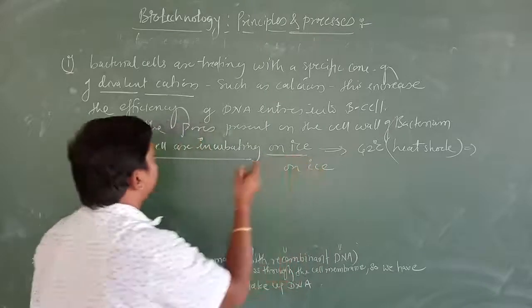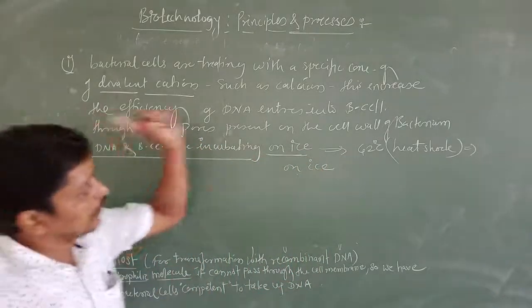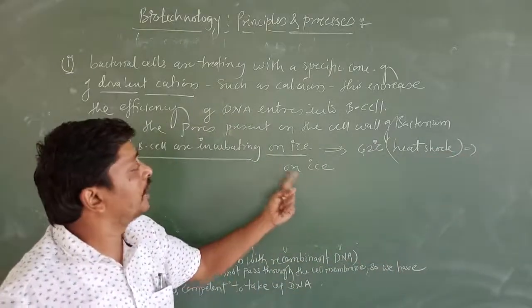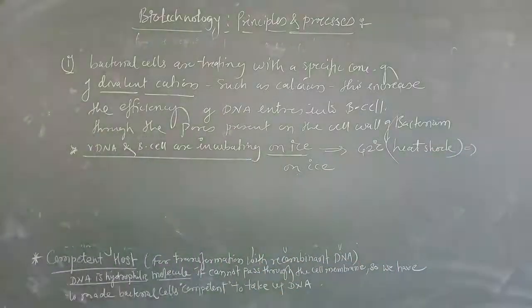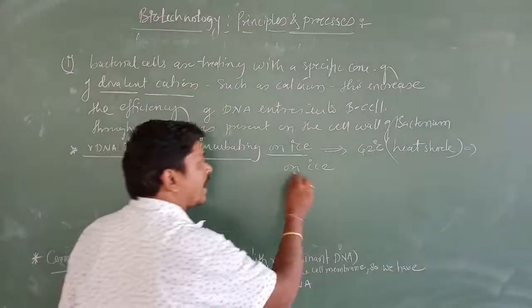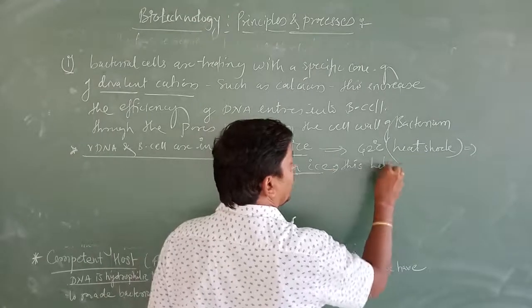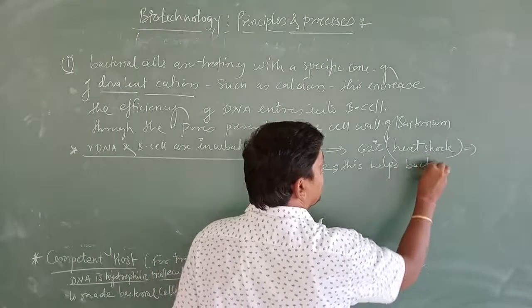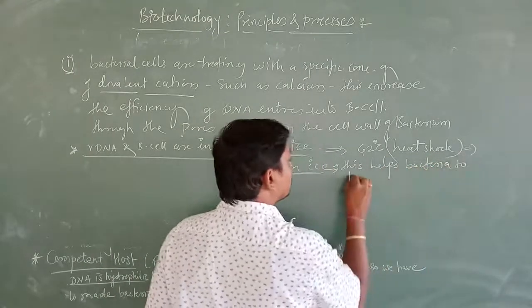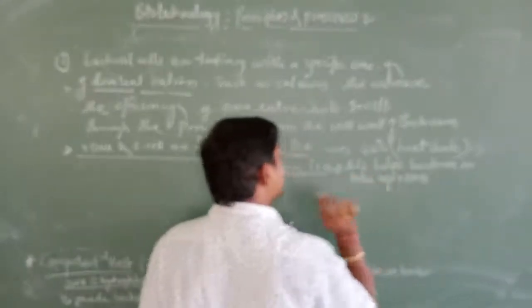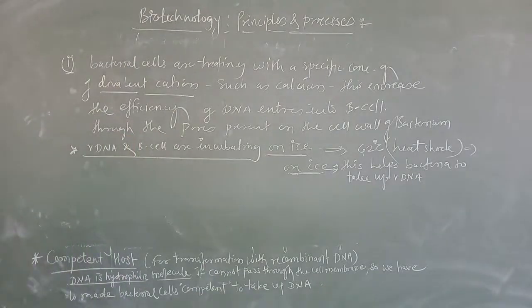First we incubate on ice, then we give the 42 degrees Celsius heat shock, then again we put them back on ice. This enables bacteria to take up our DNA. Okay, I hope it is understood.